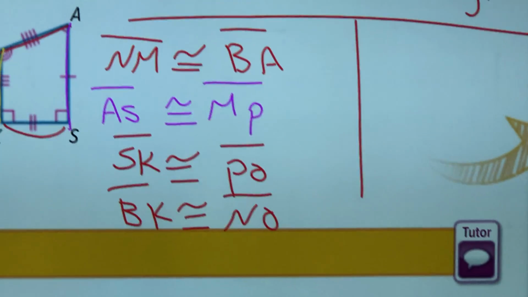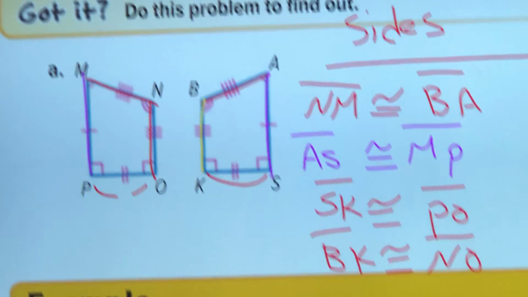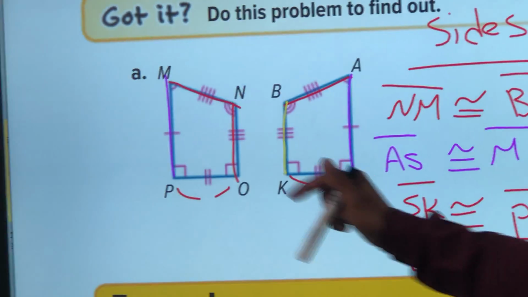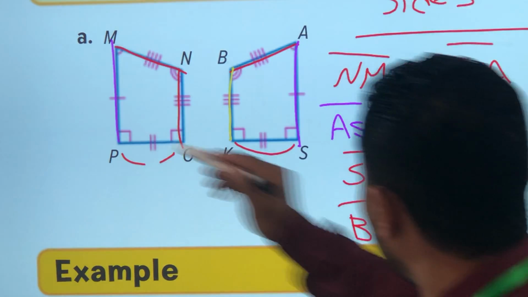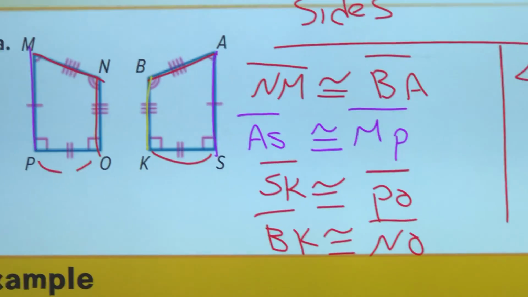What about angles? Who can tell me? Yes. So angles follow the matching arcs here. As you know, this sign represents angle.